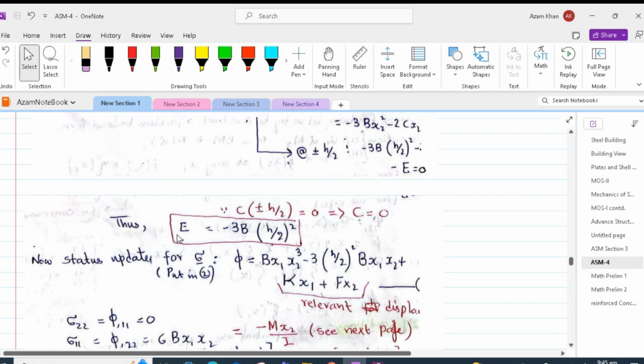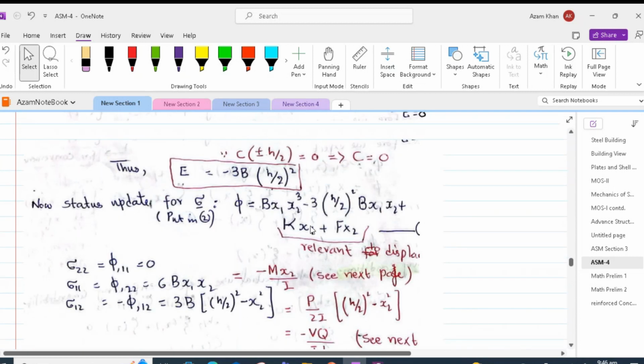So again, plugging the value of e in our stress function and finding out our stresses, we see that sigma 2 2 comes out to be 0, sigma 1 1 comes out to be 6b x1 x2, and sigma 1 2 comes out to be equal to 3b big bracket h by 2 whole square minus x2 square.